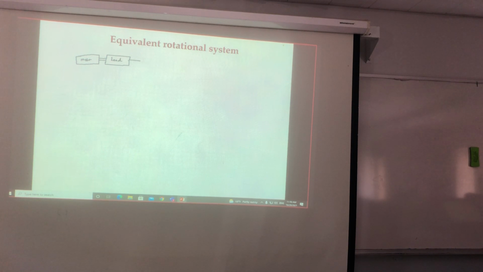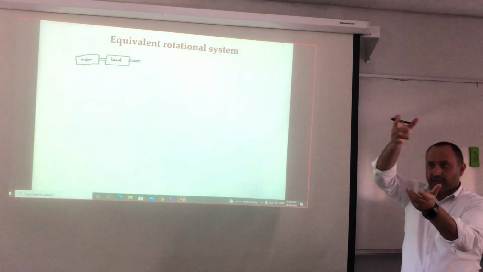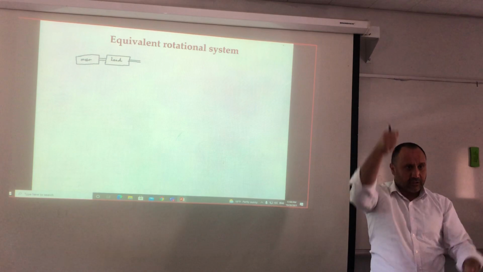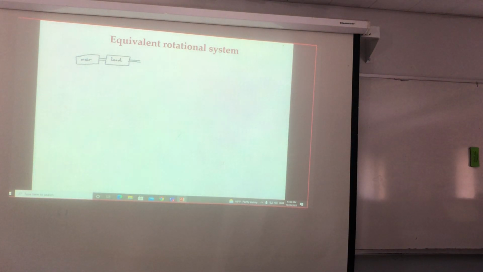At the same time, I have a mechanism that transfers the rotation into translation, such as an elevator or a pulley. While you rotate the pulley, the weight will be translated. So here I have a mechanism which transfers the rotation to linear motion, and a linear load.